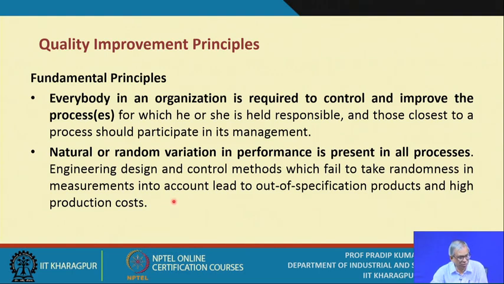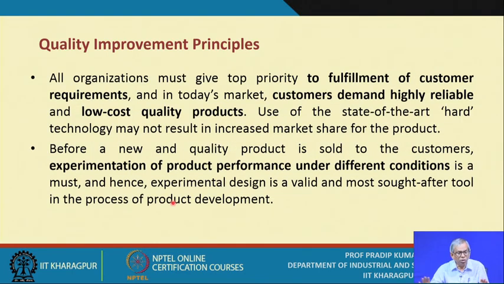So this is obvious. Now, the next important principle is that all organizations must give top priority to fulfillment of customer requirements, and in today's market customers demand highly reliable and low cost quality products.